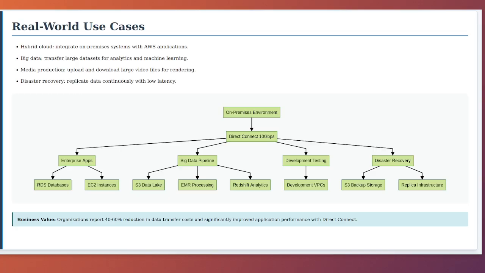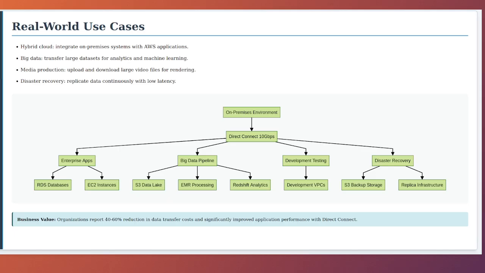However, they want to leverage AWS for new applications, big data analytics, and disaster recovery. Direct Connect provides the high bandwidth, low latency connection needed to integrate their on-premises systems with AWS. They can run web front ends in AWS that query databases on-premises with acceptable performance. They can replicate data from on-premises storage to S3 for backup. The consistent network performance ensures that latency-sensitive integrations work reliably.